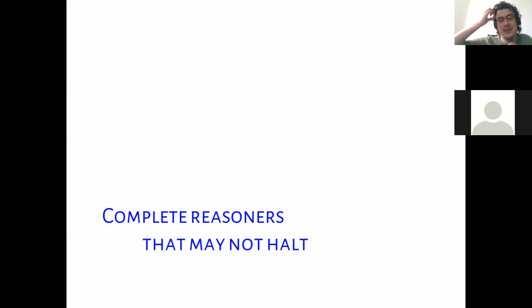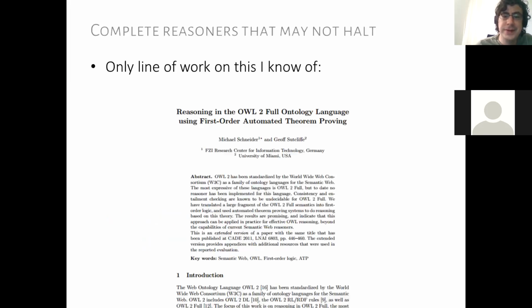But here what we're saying is that it will always return true or false for the entailment question. Okay, so I kind of blurred the lines a little bit there, but in any case, this means that we always get the correct answer for entailment, whether it's true or false, whether something's entailed or not. However, it may fail to halt in certain cases.